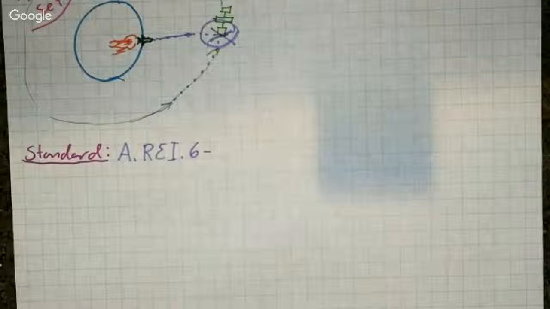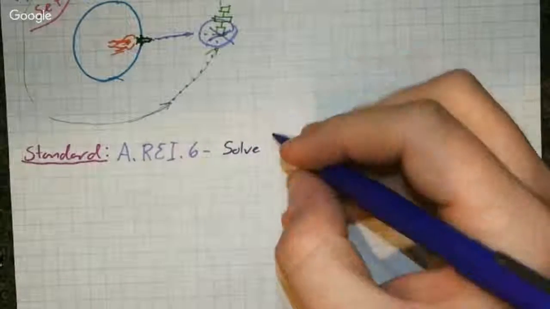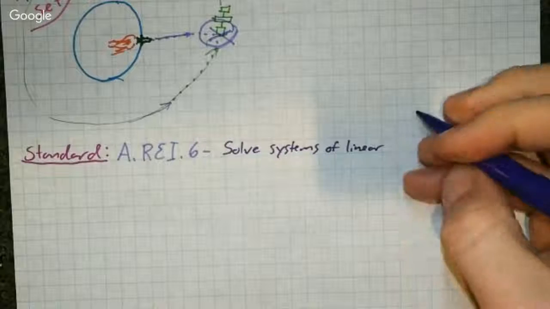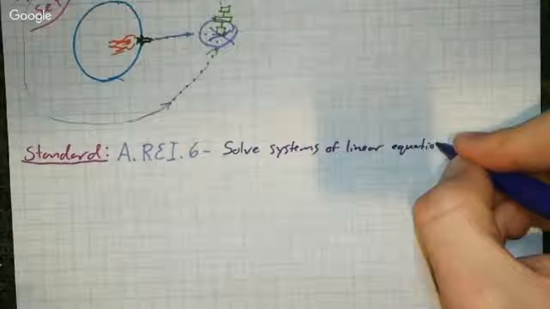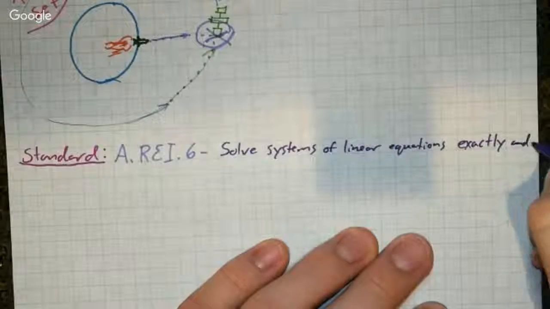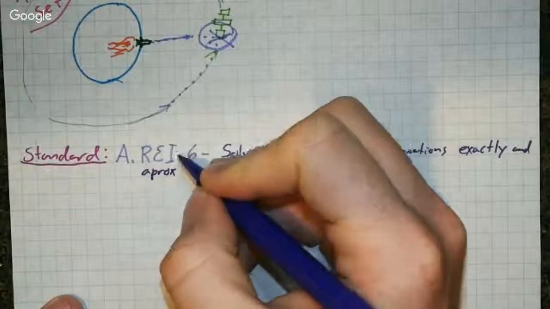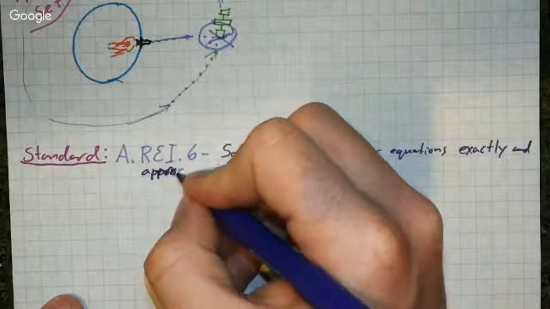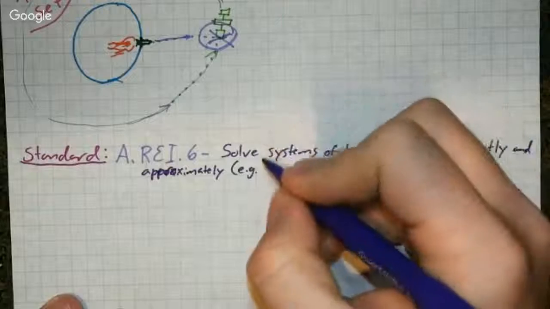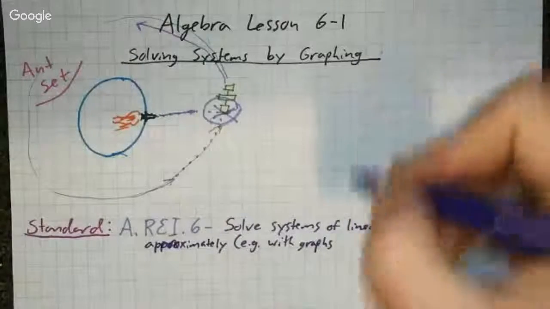And the standard states that we need to solve systems of linear equations exactly and approximately, which of course means with graphs, because obviously that's what we're talking about.